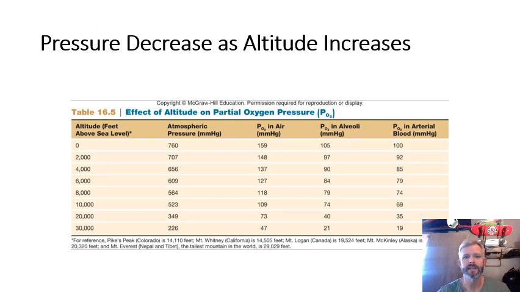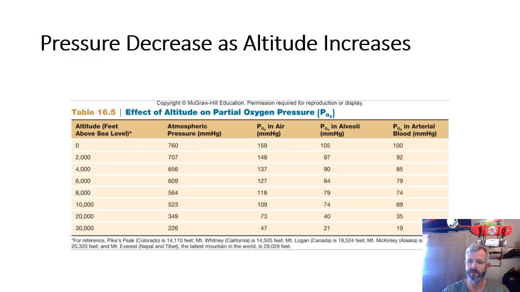Right. Let's see why pressure decreases as altitude increases. You can see the atmospheric pressure. And if you multiply this by 21%, you can see we get lower and lower partial pressure values. This is why, remember, our gradients decrease, and the amount of diffusion is less.